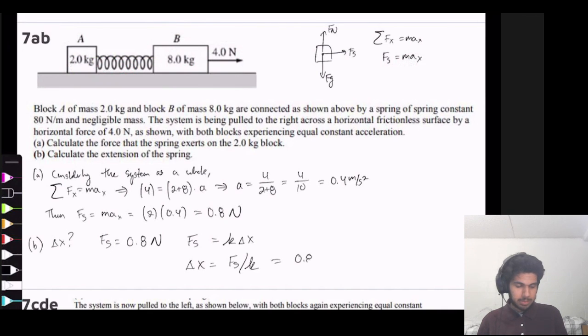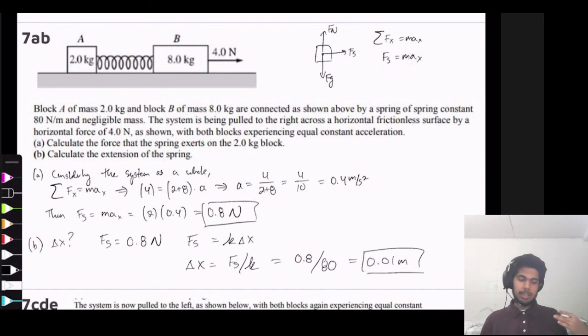F sub s is 0.8, k is, what is k? 80. And if we do this division, we get 0.01 meters. So these two questions, kind of simple, just reminding us to use Newton's laws and Hooke's law.